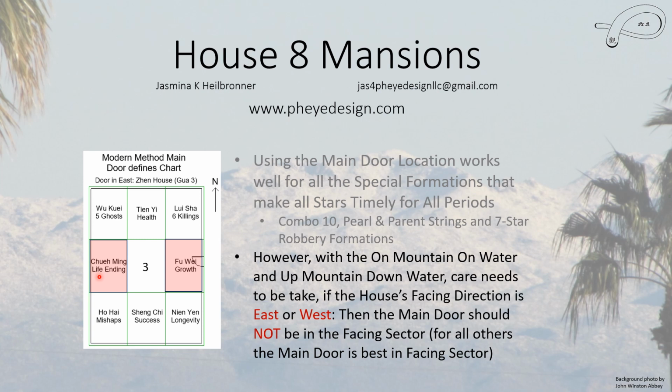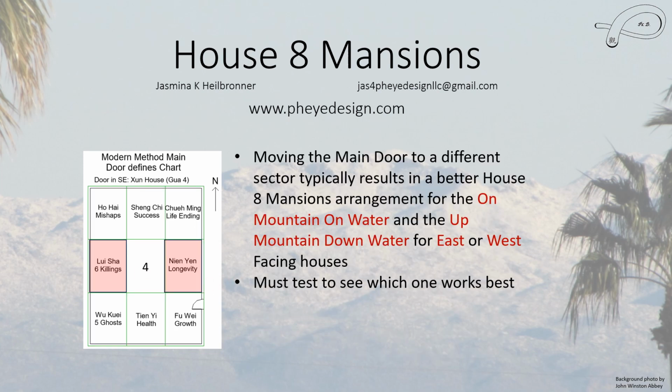So in those cases, if you have that and your only possible good or special formation is either on mountain on water or up mountain down water, then you do not want your main door to be in the facing sector or in the sitting sector. You want it someplace else. So you've got to see which one works best.